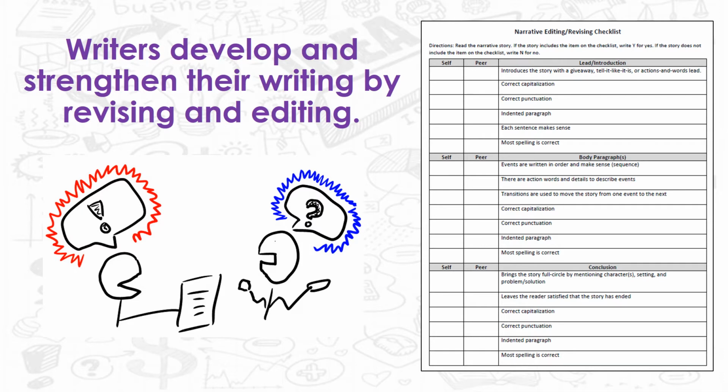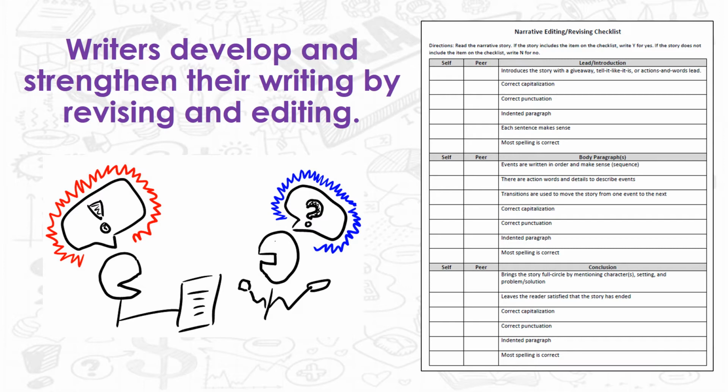So if that's the case, it is perfectly fine if you are the only one that looks over your writing. But I'm going to tell you this, you need to be honest with yourself as you're going through the checklist and mark things honestly so that you can make the corrections that you need to make in order to make sure that this writing that you've worked so hard on is the best that it can possibly be.